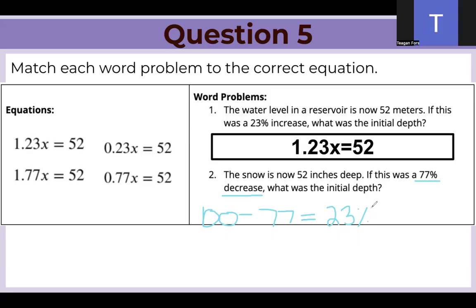So I need to find an equation that has the decimal equivalent of 23%. And the decimal equivalent is just taking this number and dividing by 100, or 0.23. So this is the equation I am looking at. 0.23x equals 52.